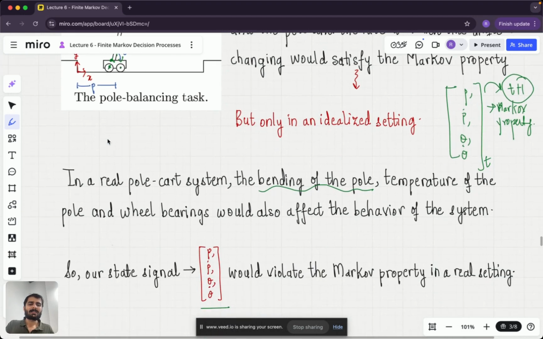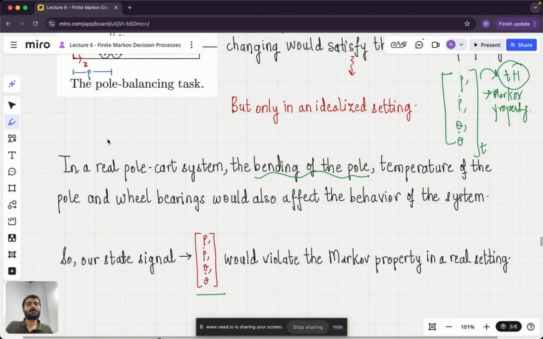In the real setting, this state signal is going to be non-Markov. But in an idealized setting, this state signal, given by x, x dot, theta and theta dot, is going to satisfy the Markov property.